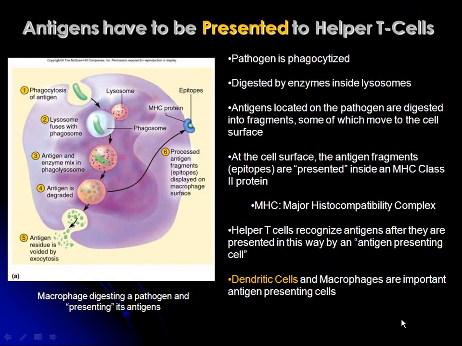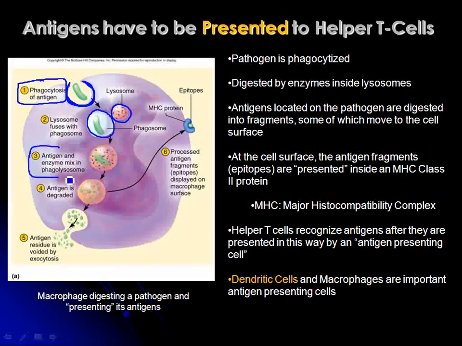Okay, so dendritic cells and macrophages, what they do, you have phagocytosis of something that's non-self, like a bacterium or a virus or whatever. Now this type of phagocytosis is happening as part of your innate immunity, like we've talked about before, because you haven't really made antibodies yet in a lot of cases. And as we've talked about before, something gets phagocytosed, it's brought inside the cell, lysozyme fuses with it and digests whatever has been ingested.